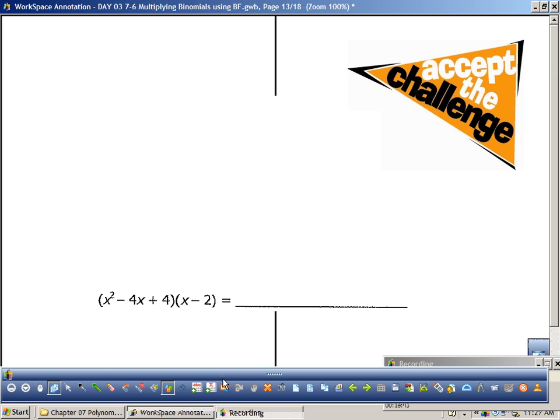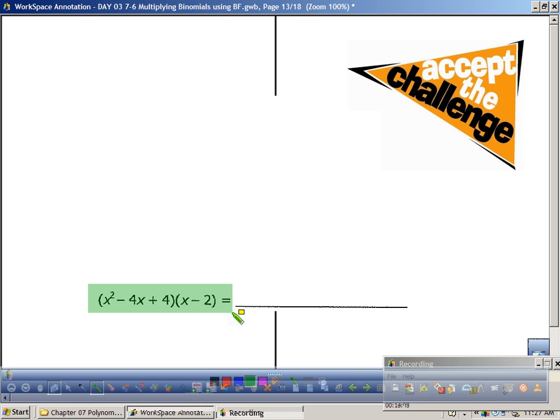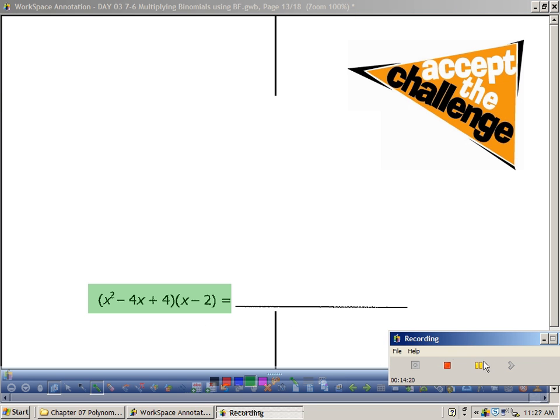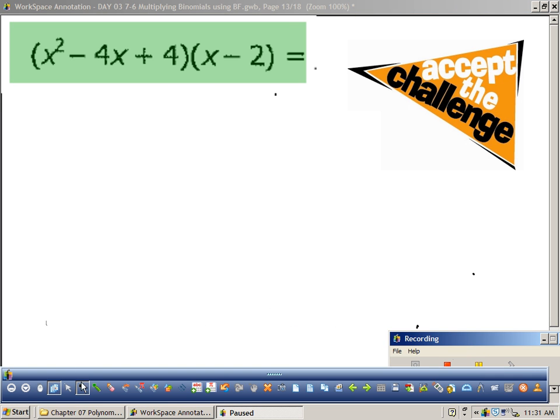5, 4, 3, 2, 1. Take the challenge. Here is your binomial times a polynomial. Set yourself up a box with the appropriate dimensions and simplify that. All right, how about Joseph?